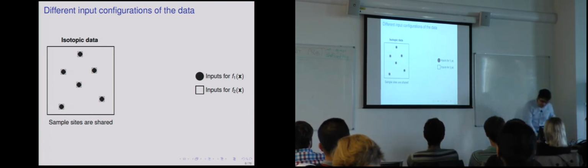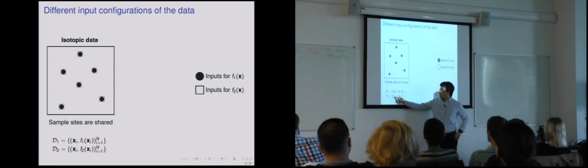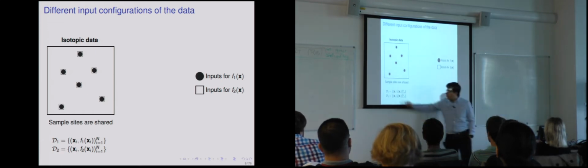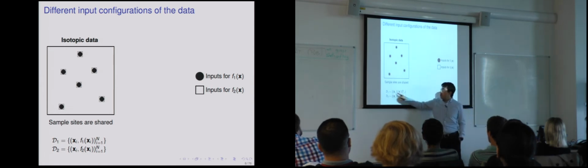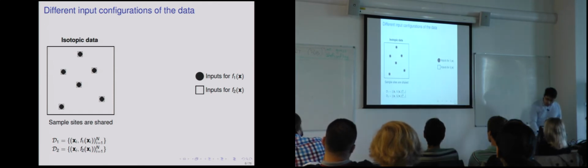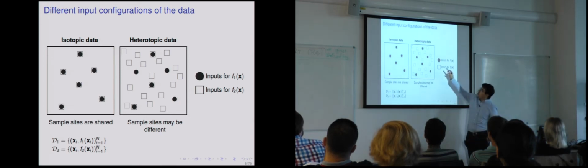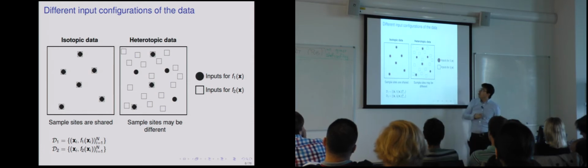So when I write that, basically what I'm saying is that the datasets have the same input points, and the processes are evaluated at the same input points. Not only that, but I have the same number of observations per process, so capital N and capital N. This is the isotopic data case. And the heterotopic data case allows me to have different sample sizes for the two processes.